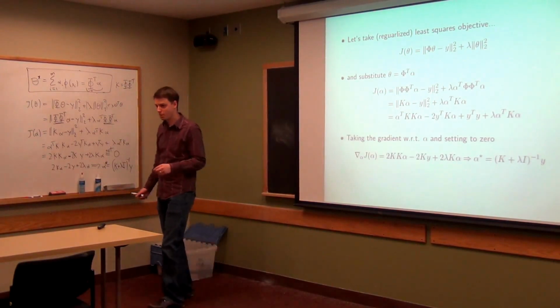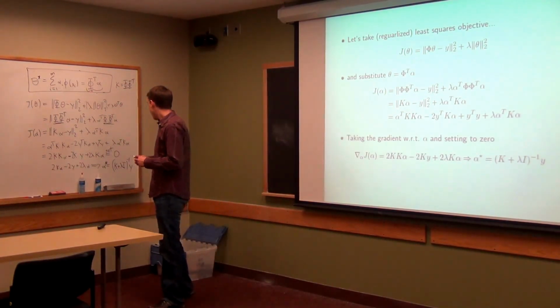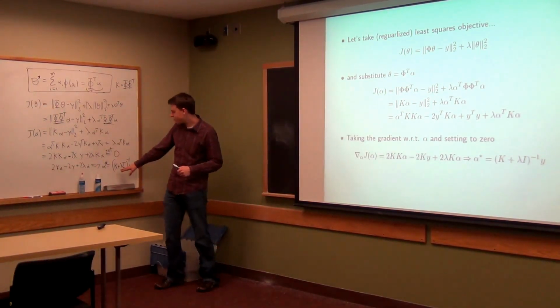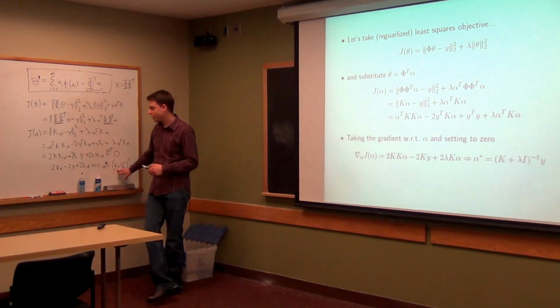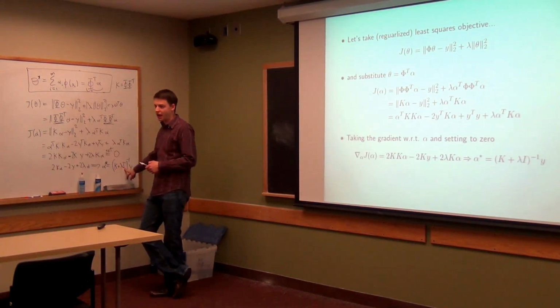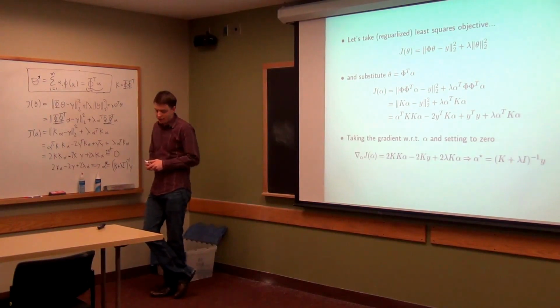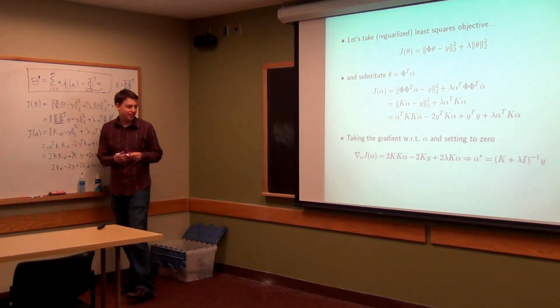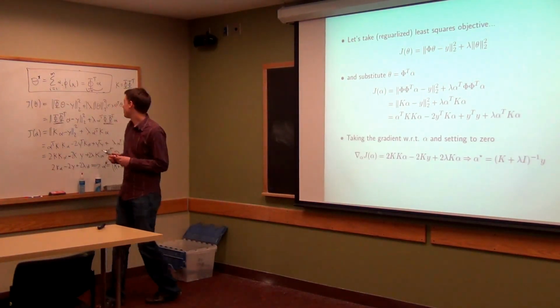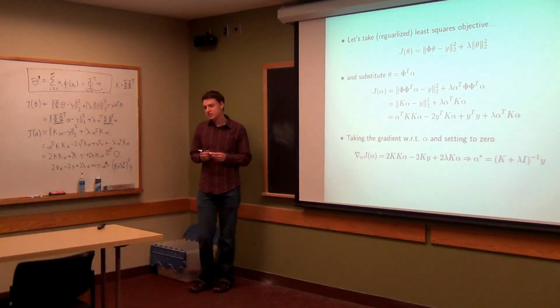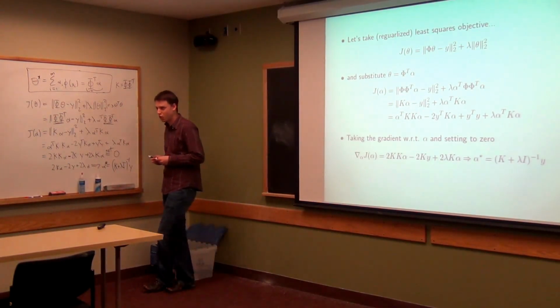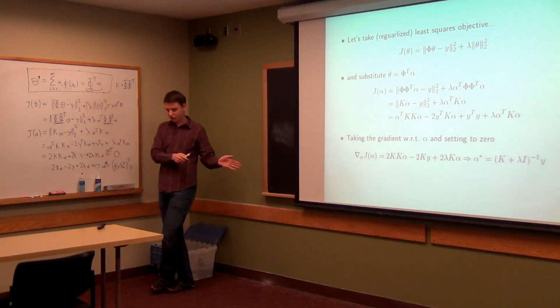Yeah? How do you know that's invertible? So K might not be, right? But K plus lambda I actually always will be. And the reason you know that is that kernel matrices are what are called positive semi-definite matrices. If you haven't seen this before, it's a little bit in the notes on linear algebra.